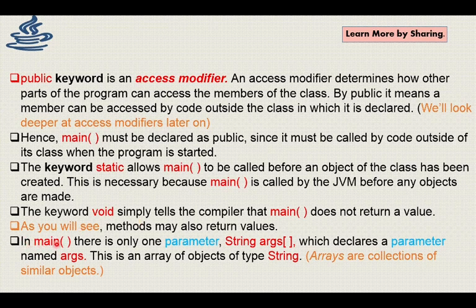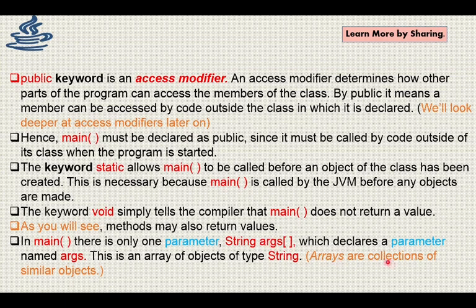So in the main, there is also a parameter. This is the string args. Then these straight brackets, right? Indicating that this args is an array. So you use these straight brackets to indicate that this variable is an array.